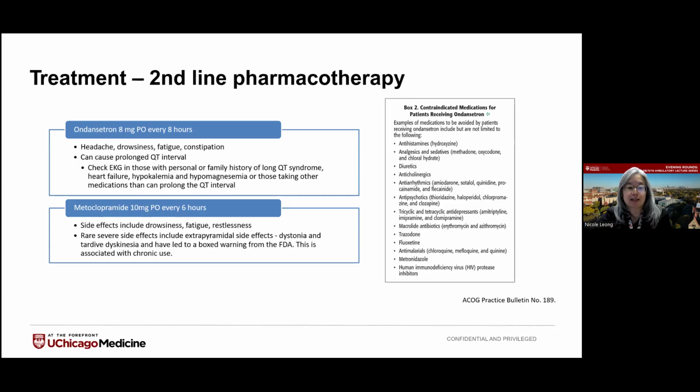Or if they have any kind of cardiac abnormalities like heart failure, or severe electrolyte derangements like hypokalemia or hypomagnesemia, they are at more risk for having this prolonged QT and then heart arrhythmias. On the right side of this slide, you can see that there are some medications that can make this worse. So trying to avoid a combination of ondansetron plus these other medications would be prudent.